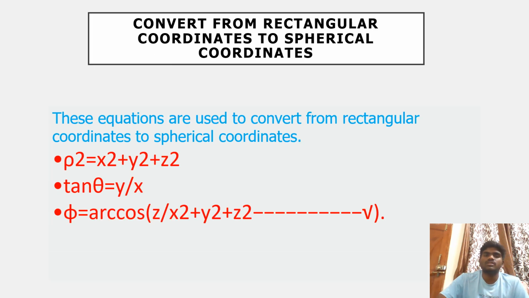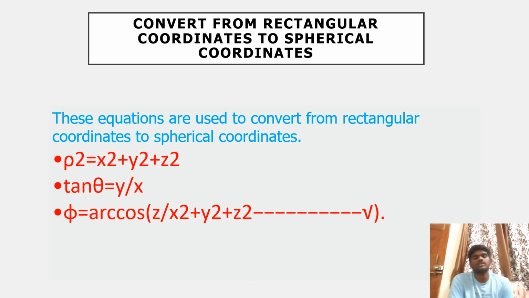And now the conversion from rectangular coordinates to spherical coordinates. These are the equations used to convert from rectangular coordinates to spherical coordinates, where rho squared equals x squared plus y squared plus z squared, tan theta equals y by x, and phi equals cos inverse of z divided by the square root of x squared plus y squared plus z squared.